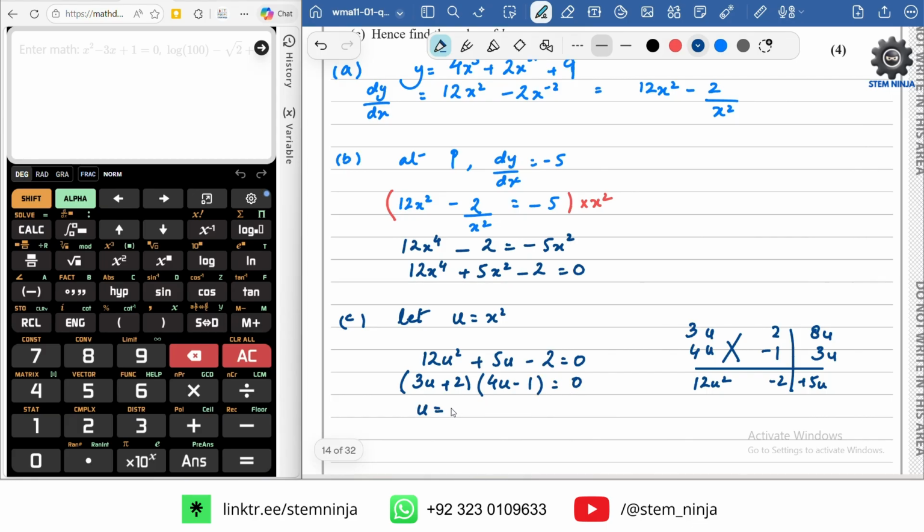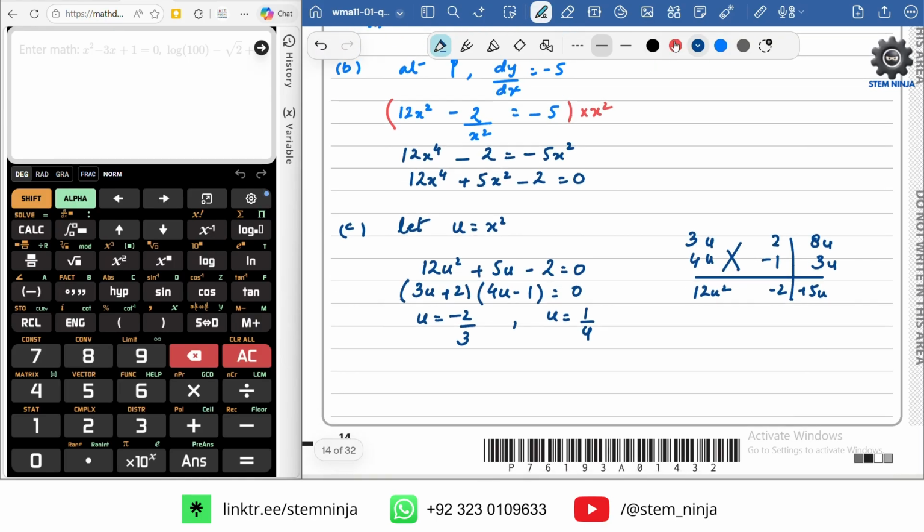So either u is minus 2 over 3 or u is 1 over 4. Remembering what u stands for, u is x squared, and square numbers are always positive.